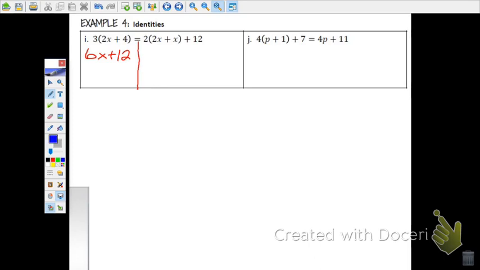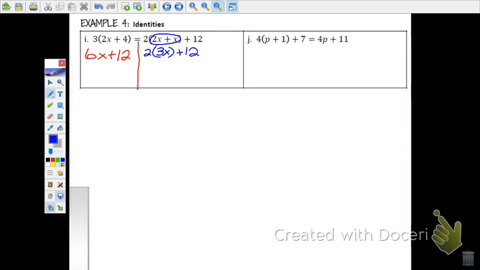I need to distribute, so I get, actually here, I don't need to distribute first, because order of operations says I should do parentheses. Here I can combine inside my parentheses. So 2x plus x is 3x times 2 plus 12.